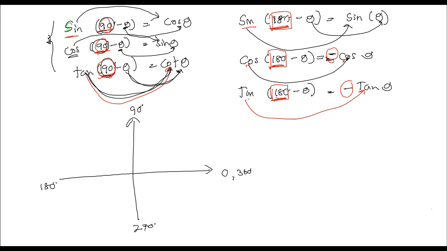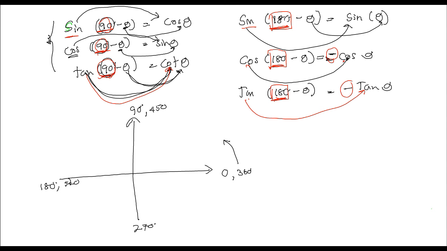After 360, whatever the revolution you do, 90 would be the same as 450, and 450 plus 90, 540, should be the same as 180. So you need to remember only 0, 90, 180, 270.